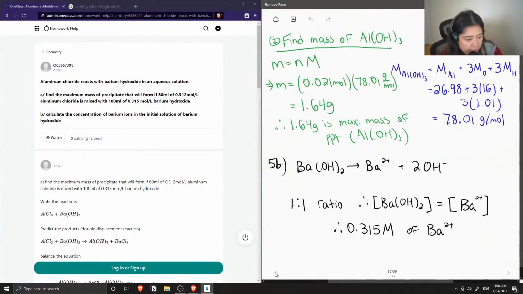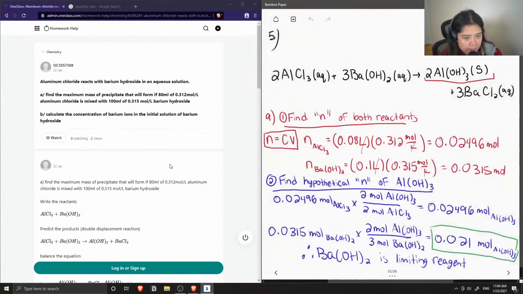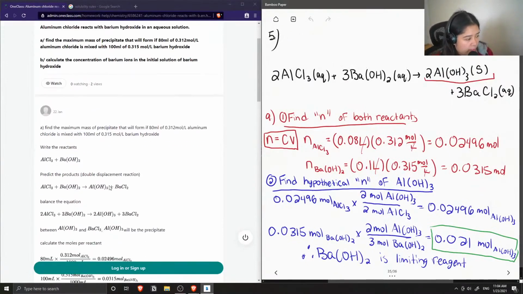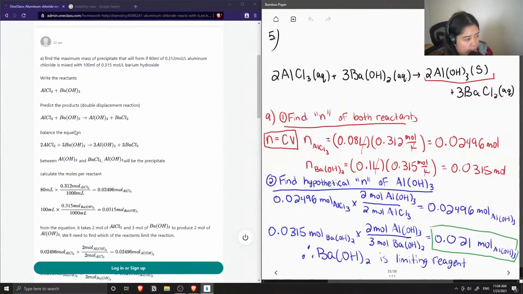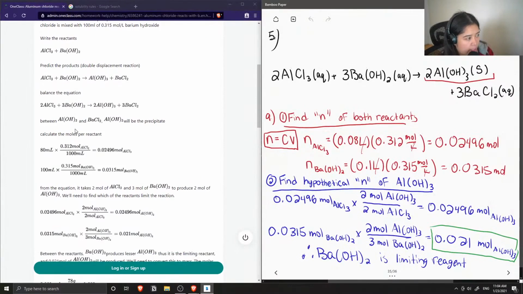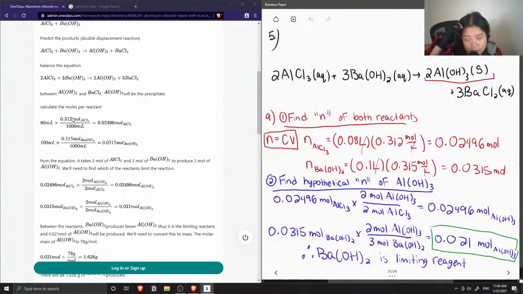Okay, so let me go back to the previous page and we can see what the junior tutor said. For part A, find the maximum mass of precipitate that will form. So they wrote out the reactants and predicted the products, and they balanced, and they found out that aluminum hydroxide is the precipitate.